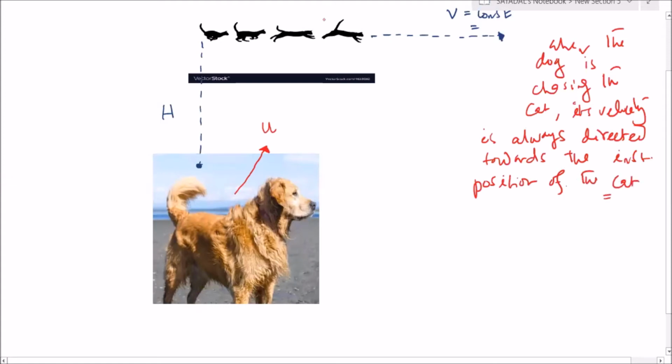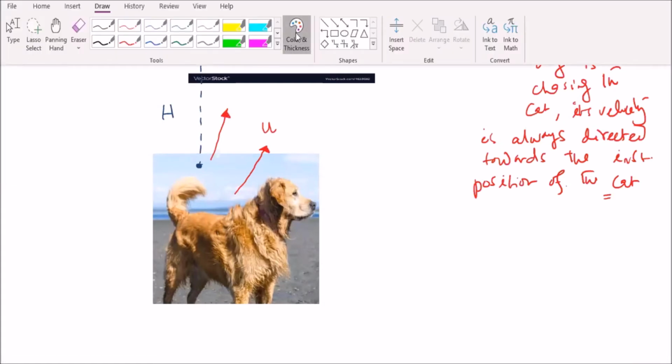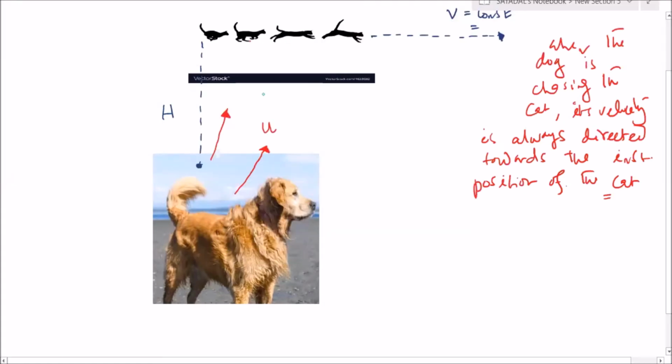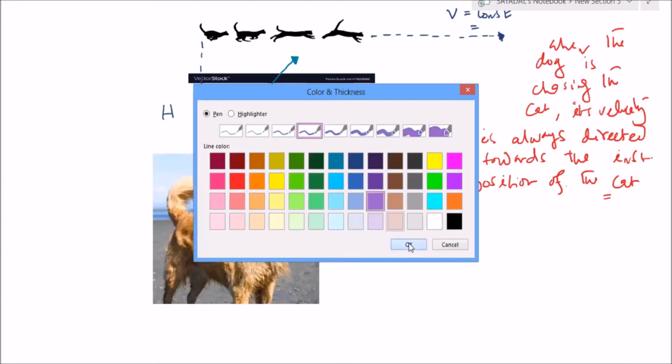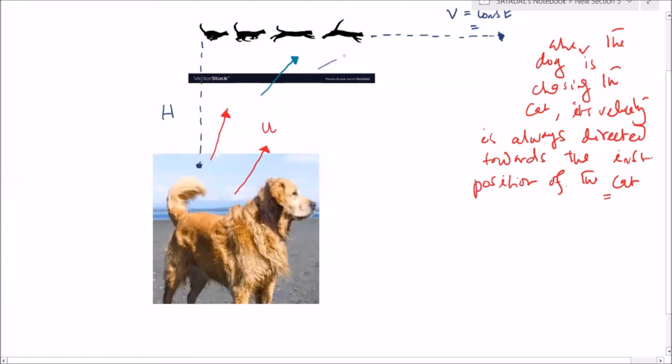It means when the cat is here, its velocity was in this direction. When the cat is in some other position, the velocity of the dog is like this. Then when the cat is in the third position, the velocity of the dog is like this.